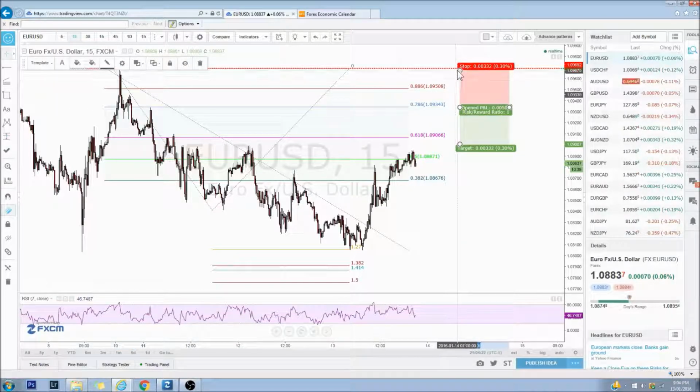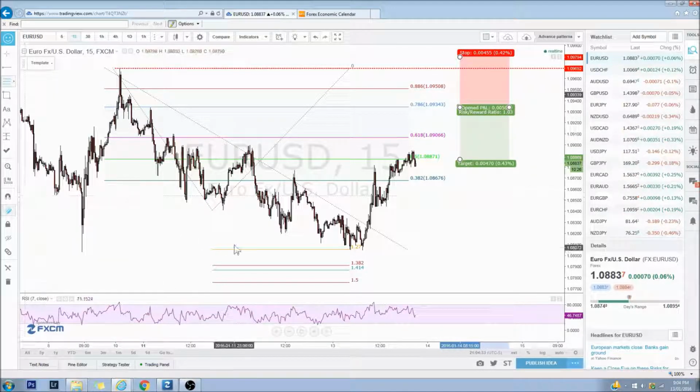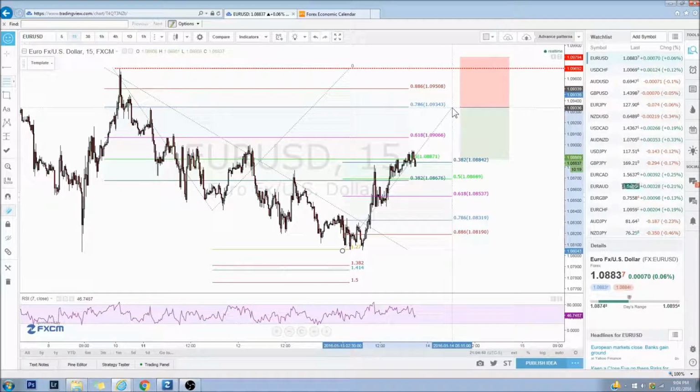But you can put it there. Stops, and targets. Let's put some targets in, from the bottom to the entry point. Okay.